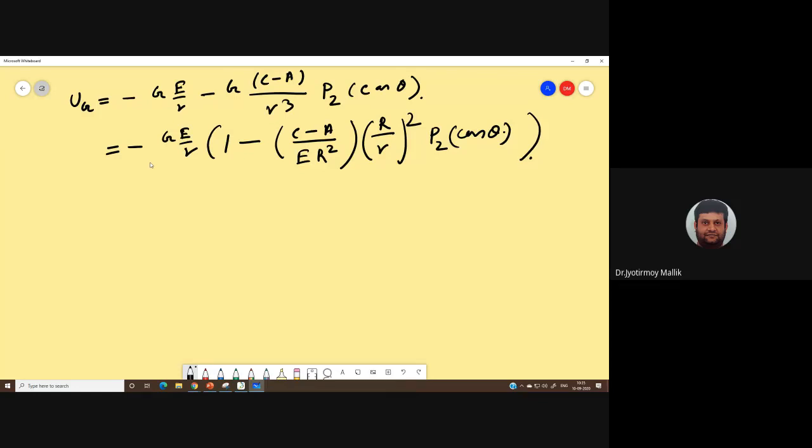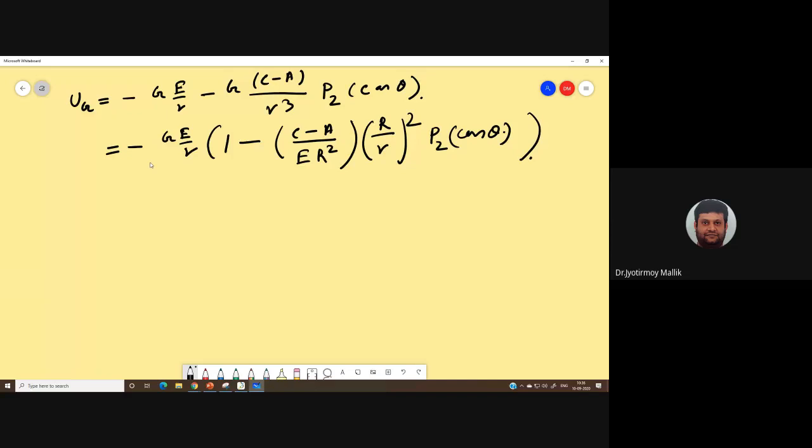Now, potential theory requires that the gravitational potential of the spheroidal Earth must satisfy an important equation, what we call Laplace's equation. I'm sure you know about it.